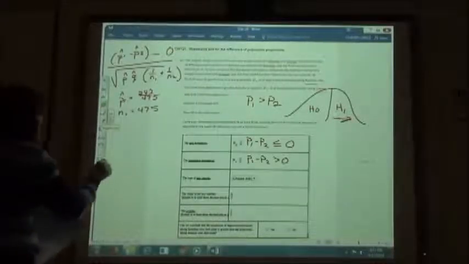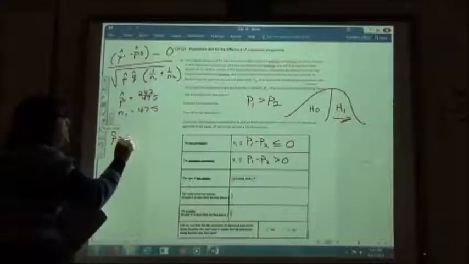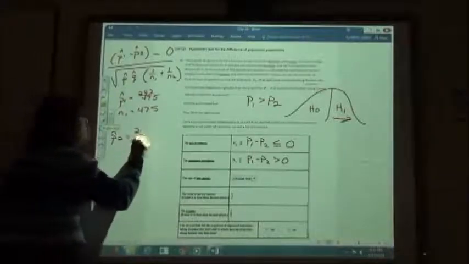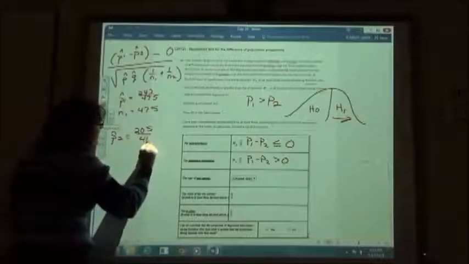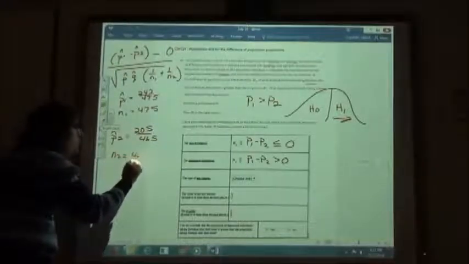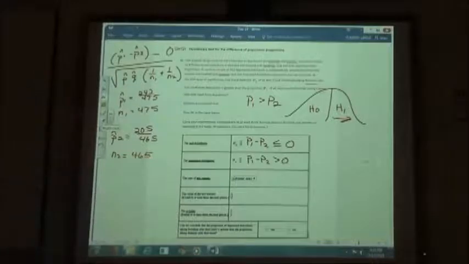On the second one, P hat 2: on my second survey, 205 found relief out of 465. So 205 out of 465, and N2 is 465.